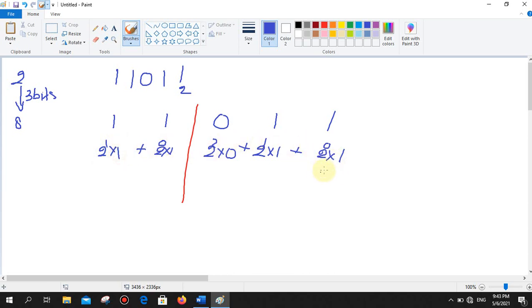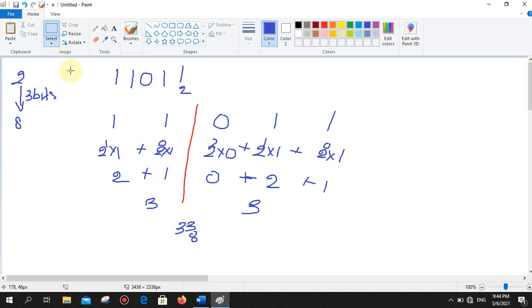So the value here is 1 plus 2 plus 0, and this section 1 plus 2. Now each section's value you need to add together. You can see here the sum will be 3 and this section sum will be 3; we are not going to add the section values together. So as a final answer you can write 338. Right, this is your second example.